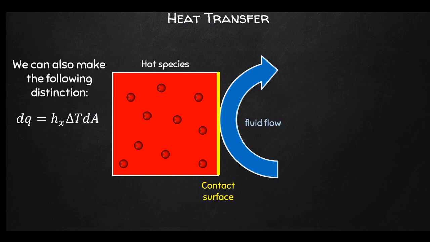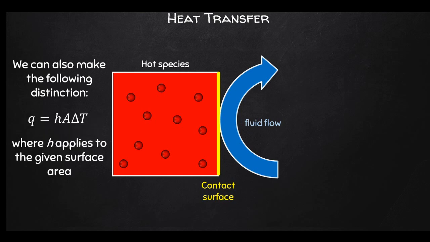So we also have a small area, and then we integrate the energy coming from the small area that has a specific heat transfer coefficient associated to it, and on integration we get the overall heat transfer that is applied across the entire surface area. Again, remember, the heat transfer direction is perpendicular or normal to the area from which heat is being transferred.